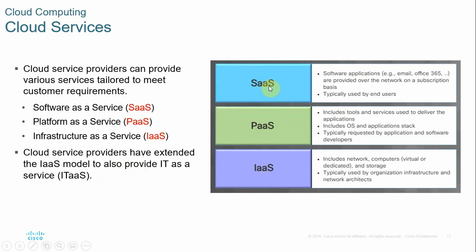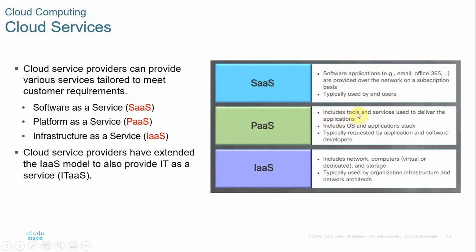What is software as a service? Software applications like email, Office 365 or Excel are provided over the network on a subscription basis, typically used by the end user like us.